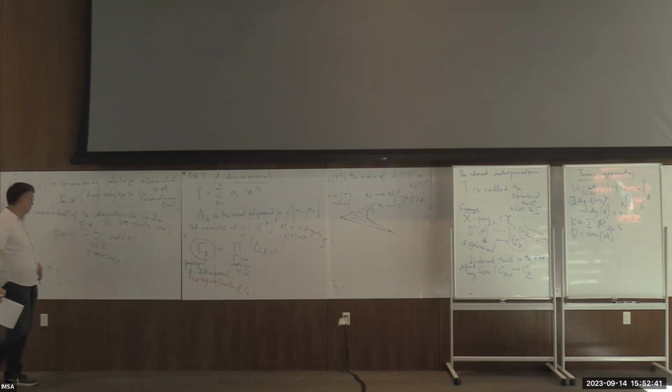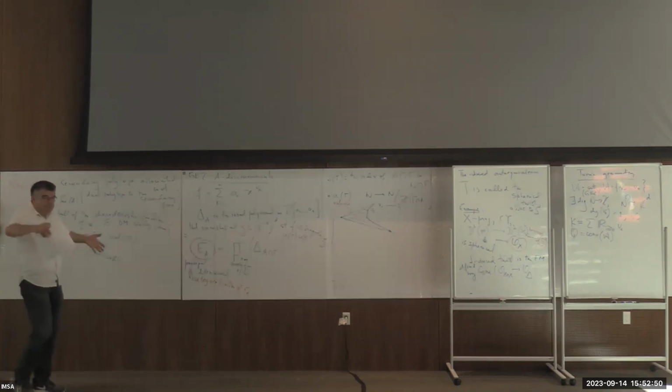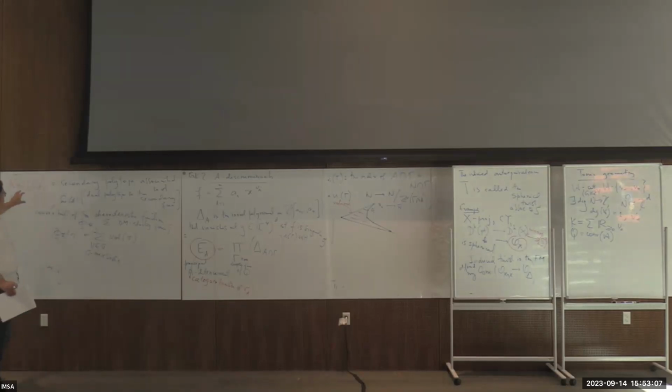For each vertex, you take all the maximal simplices that contain it, and you add the volumes. You can think of this as living naturally in some vector space, R to the n, I guess. You take the convex hull of this, and this is the secondary polytope, as I said. And it turns out, as I said, that this is the Newton polytope of the discriminant.